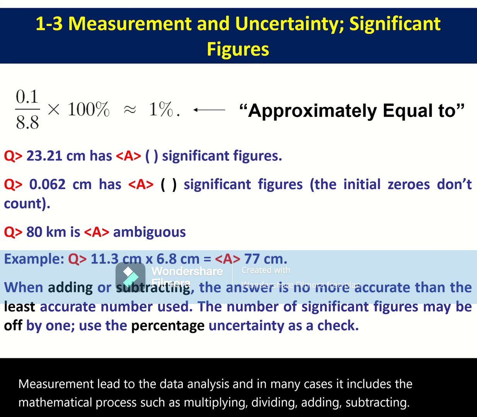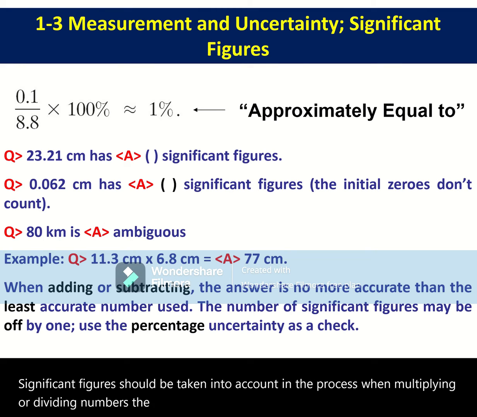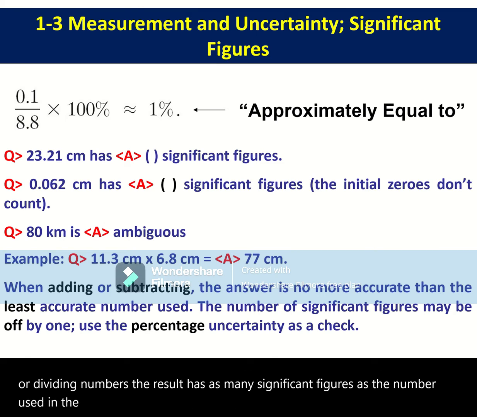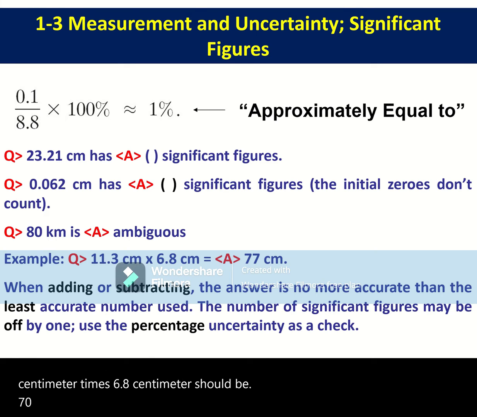Significant figures should be taken into account. When multiplying or dividing numbers, the result has as many significant figures as the number used in the calculation with the fewest significant figures. For example, 11.3 centimeters times 6.8 centimeters should be 77 square centimeters.